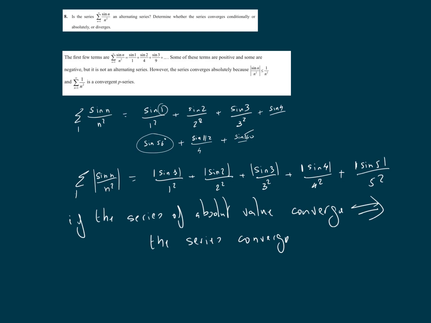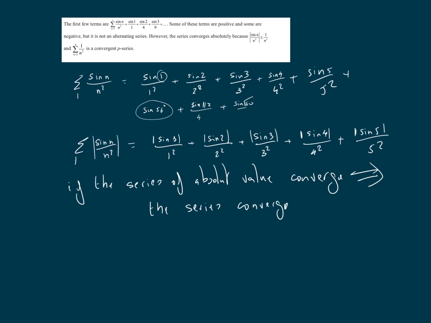Wow! It means if this series converges, then this one, sine of 4 divided by 4 squared plus sine of 5 divided by 5 squared, the one that is not an alternating series, converges. So now the question is, how can I prove that this series, the absolute value of the series, converges?